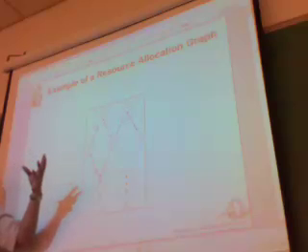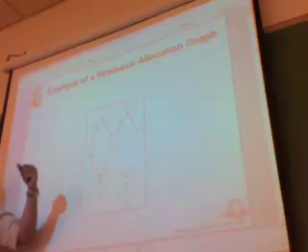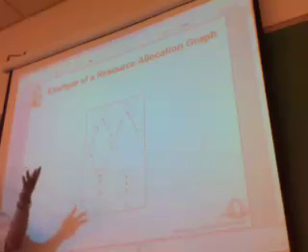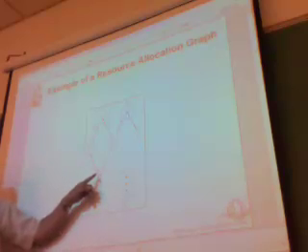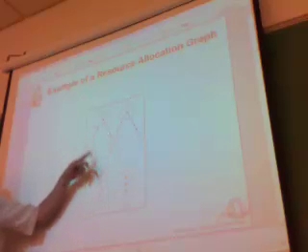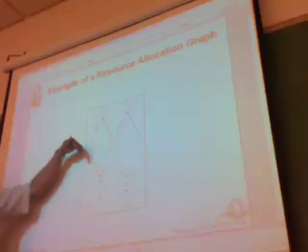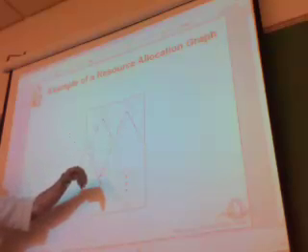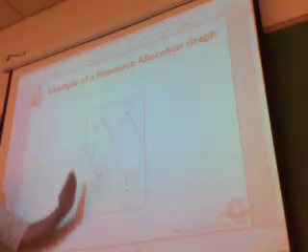What's the difference between a directed and undirected graph? Anybody? Arrows. Arrows are the difference. An edge connecting this node to this node is different if the arrow is pointing towards the process or towards the resource. This means request. This means assign.